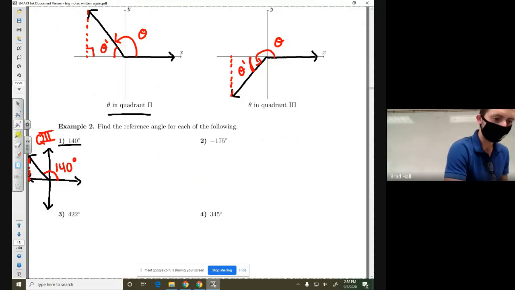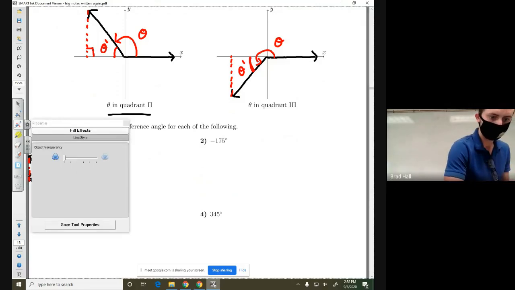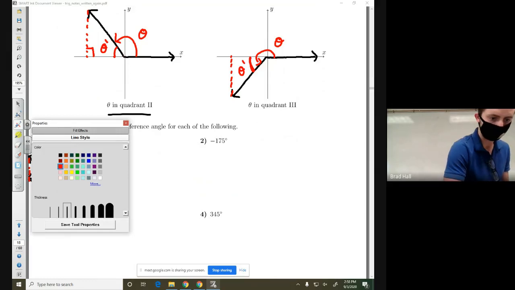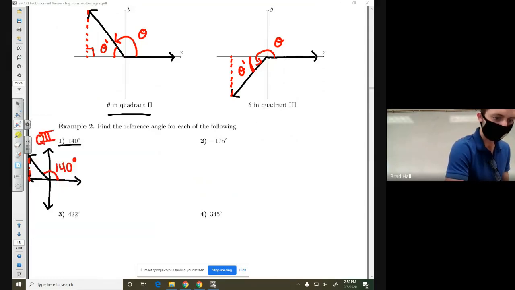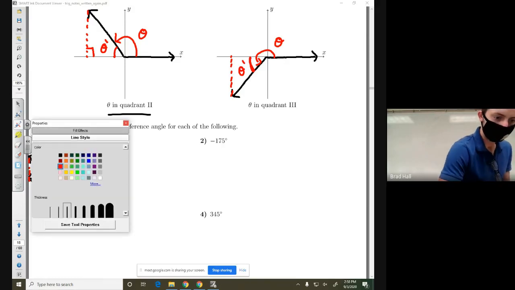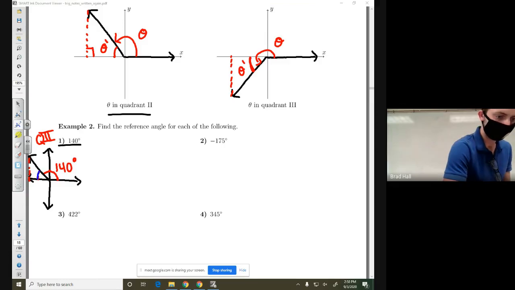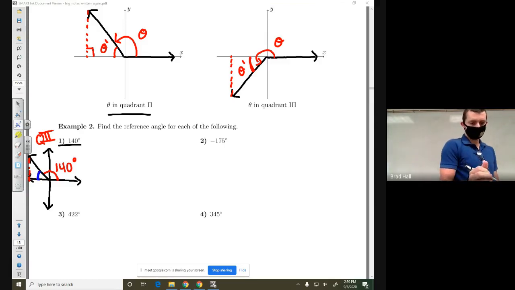What is this angle? It's in blue. So let's think about that intuitively.